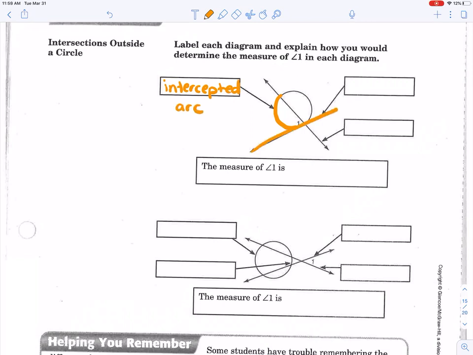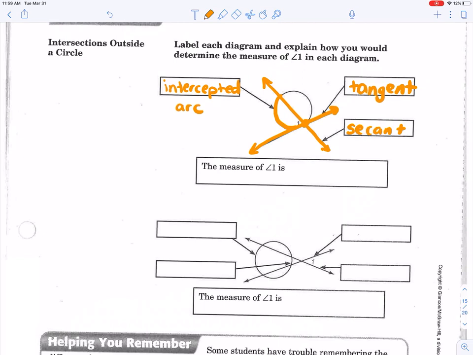This line right here only touches the circle in one point. I would say that's the tangent. And this last one right here, it goes straight through. This is the secant.